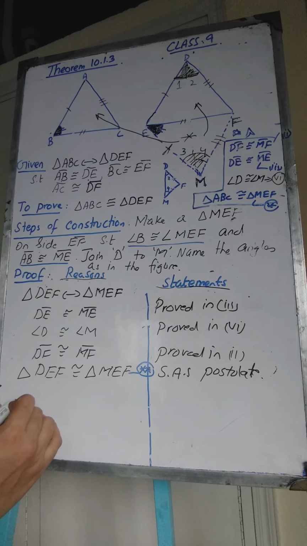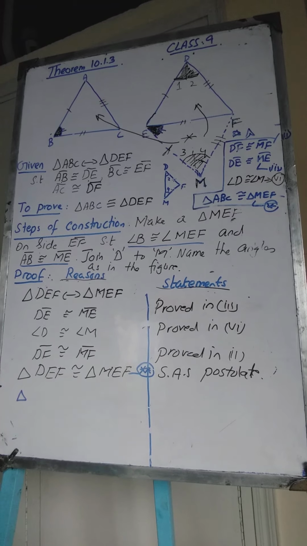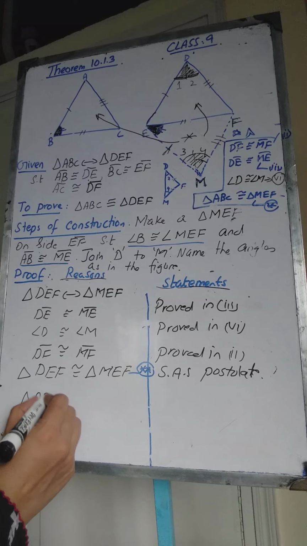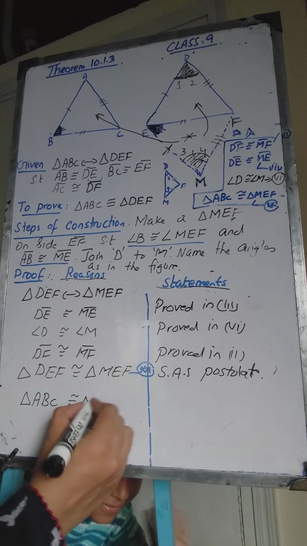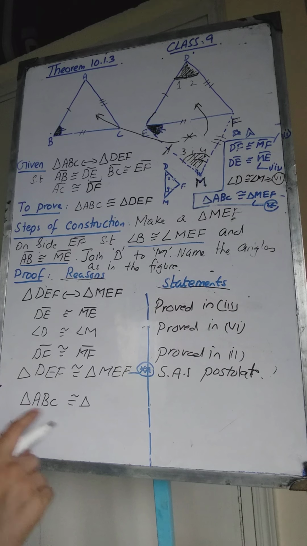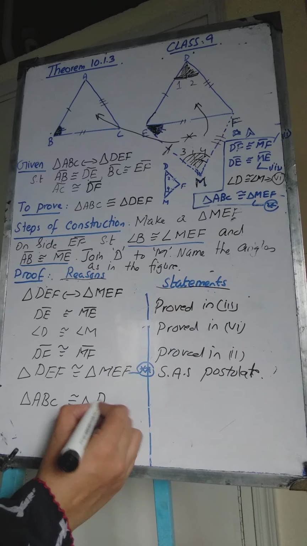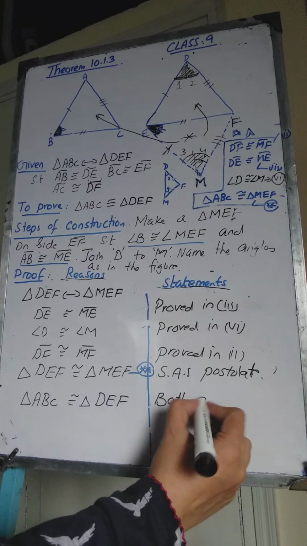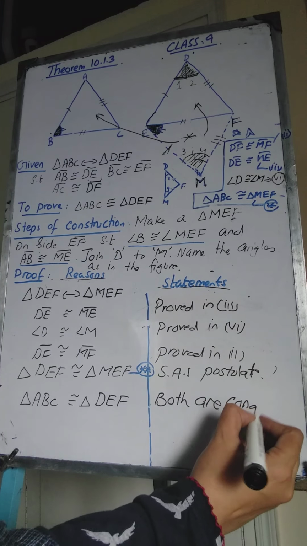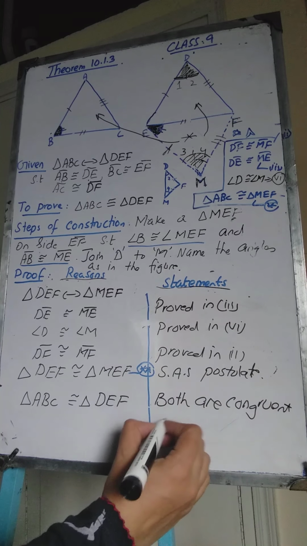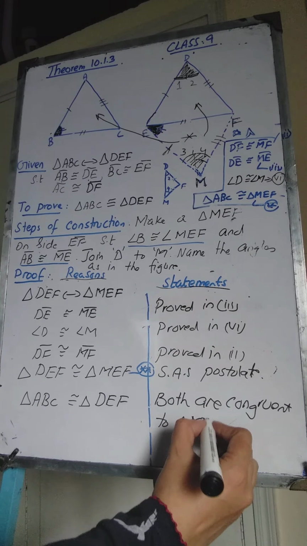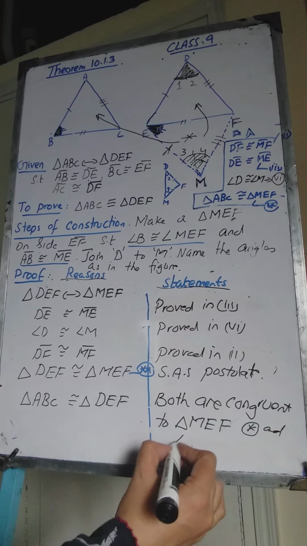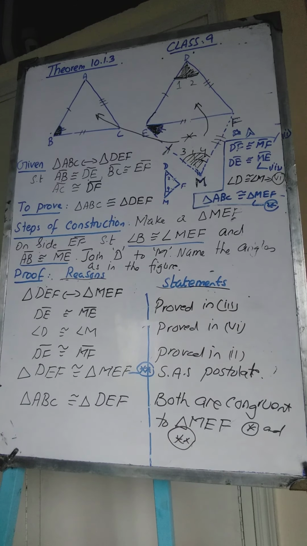So triangle ABC will be congruent to triangle DEF, because both are congruent to triangle MEF. This we proved in single star and double star.